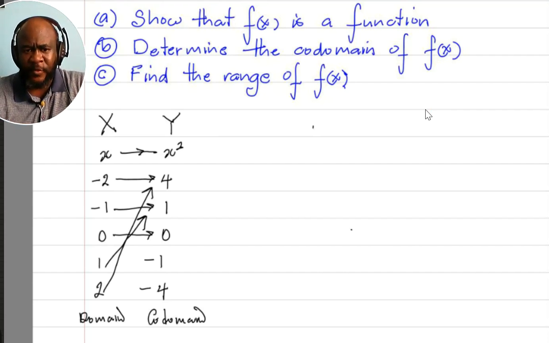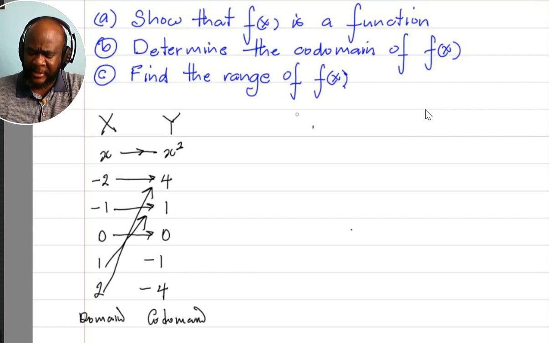So from this, we can clearly see that the relation f(x) is equal to x squared is a function because only one arrow leaves every element in the domain, indicating that every element in the domain is mapped onto only one element in the codomain, making the relation a function.